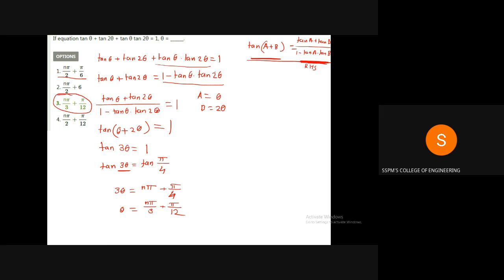So that is the correct option. We have to do this step because the angle was 3 theta, which can be more than 90 degrees.